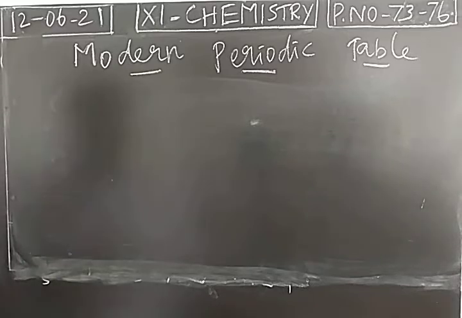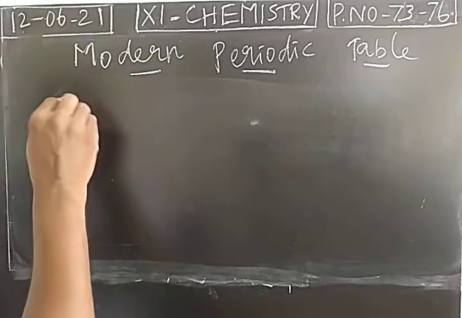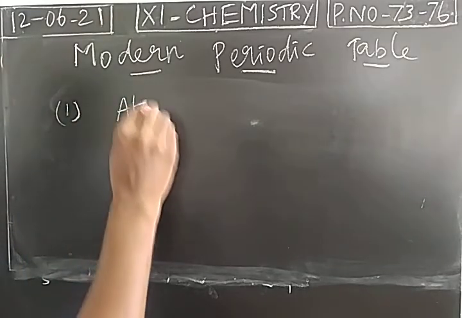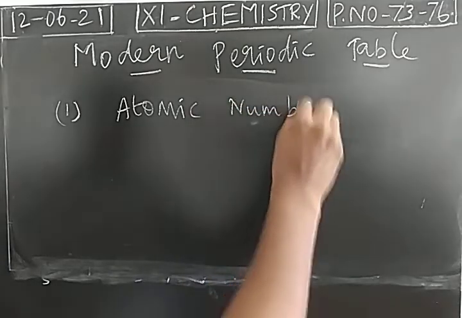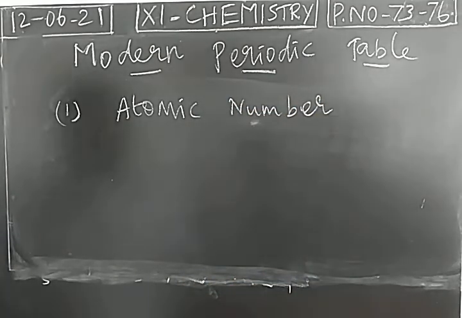So when you consider the modern periodic table, it is constructed with the help of two aspects. Number one, atomic number. As I told, till now we have 118 elements.